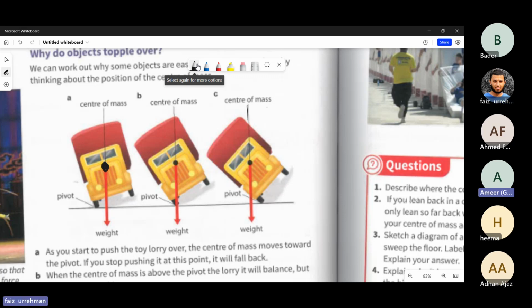And if it was at the same level of the center of mass, it will go back to the original shape, but it will be harder. And if it was on the right side of the center of mass, it will topple over.